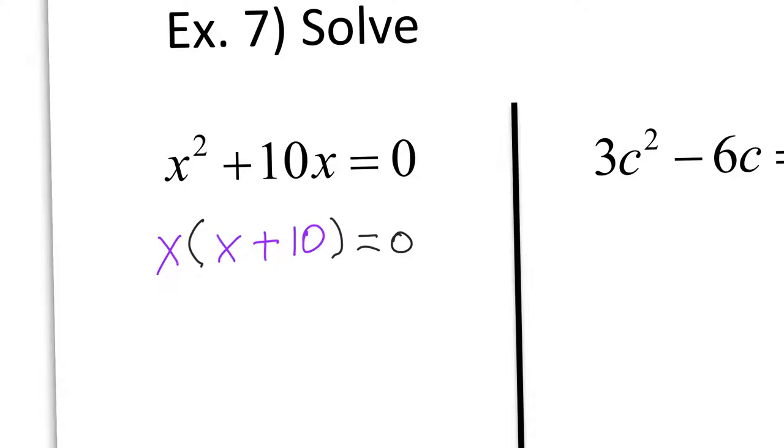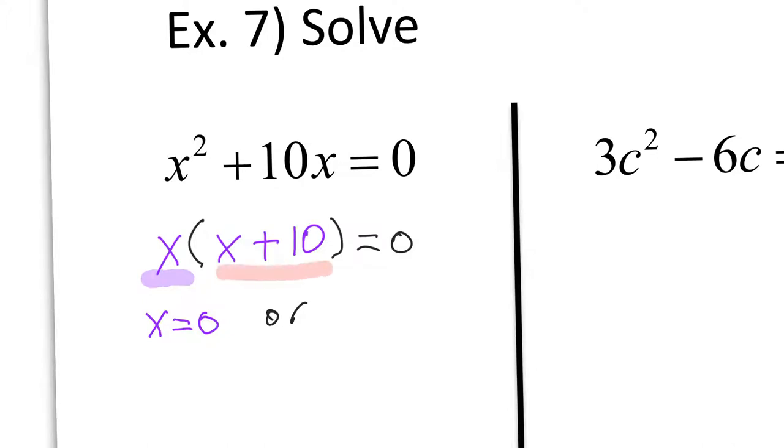So I'm going to set up my two equations. My first one is going to be x equal to 0, and that's the one outside. X, you just have an x. And guess what? We got the first answer. X equals 0. That's a number, 0. So now we just need the second answer. Or you guys are going to set up your second equation, which is x plus 10.